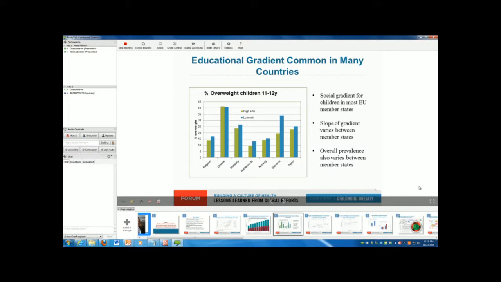So the slope obviously is quite different in different countries. And of course the prevalence levels, the absolute level, just the average across the education, differs remarkably. So Greece has very high levels, Slovenia pretty high, and Spain, and then Netherlands and Norway quite low. So there are a number of different issues there about differences between countries, differences between socioeconomic groups.